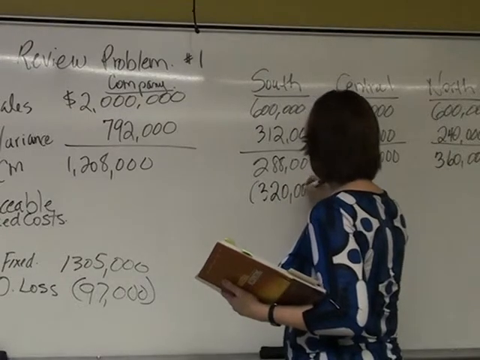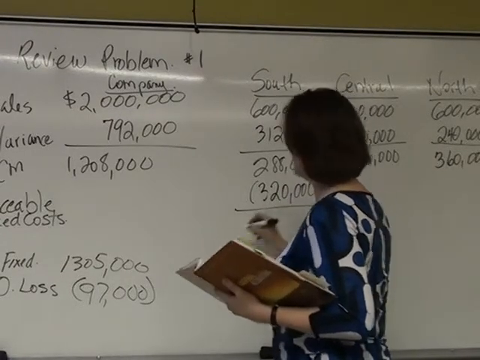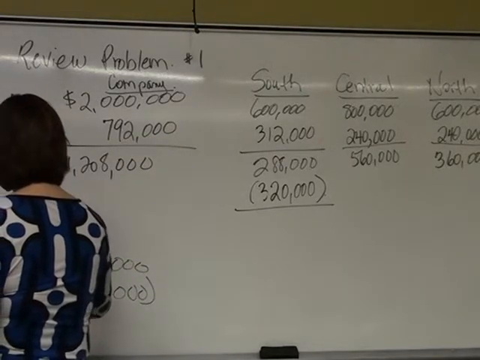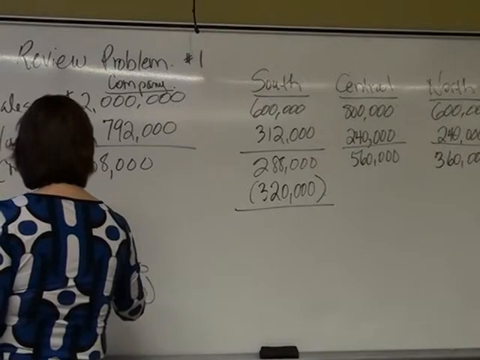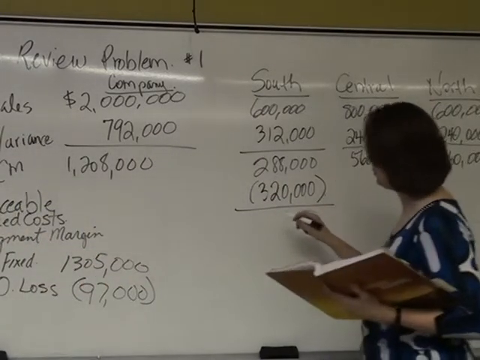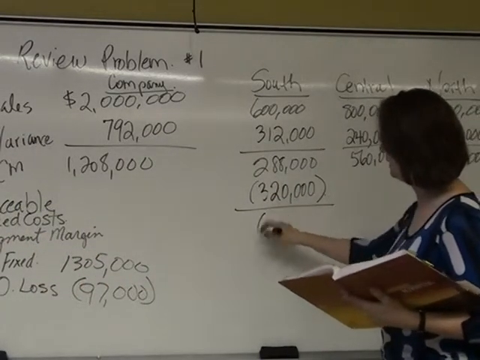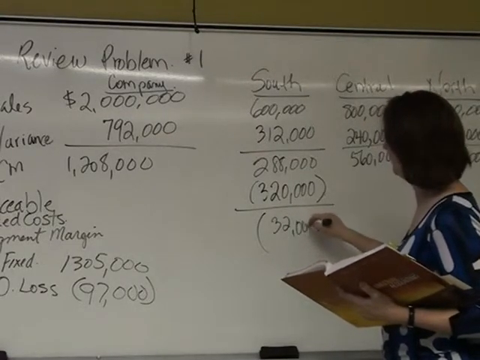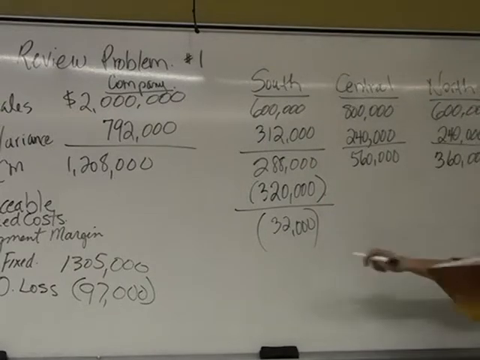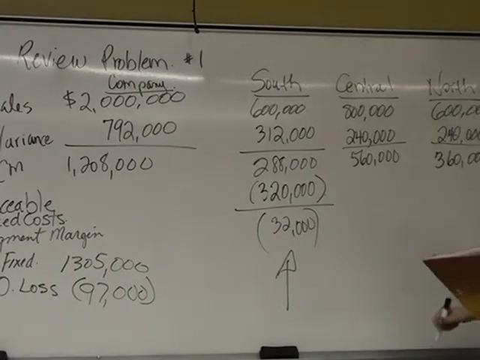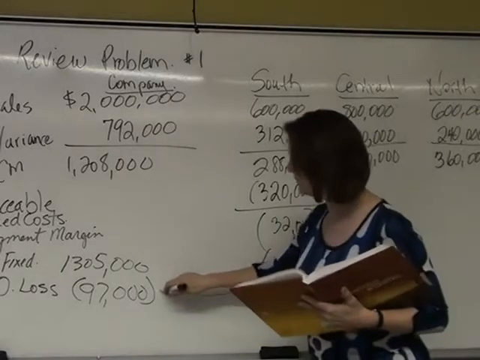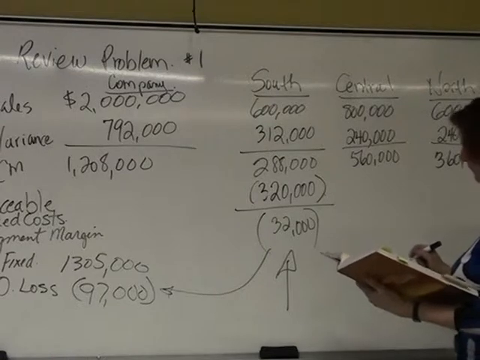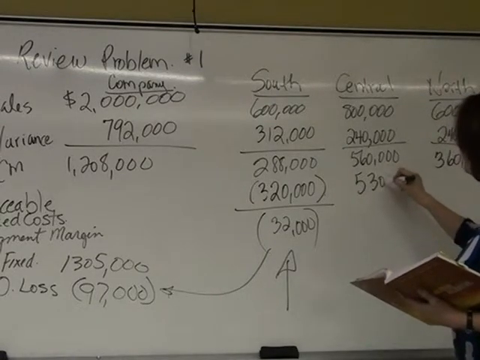Underneath that, this is our segment margin, right? So what's our segment margin here? It is negative something, 1232. So that line is not contributing to our profit. It's in fact contributing to our loss, but it's not all of that loss. So this is 530.